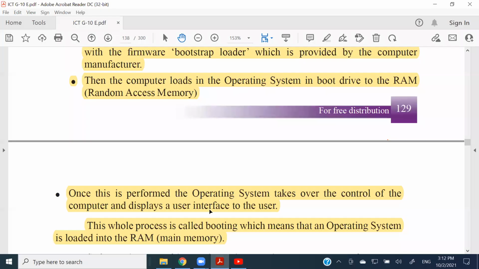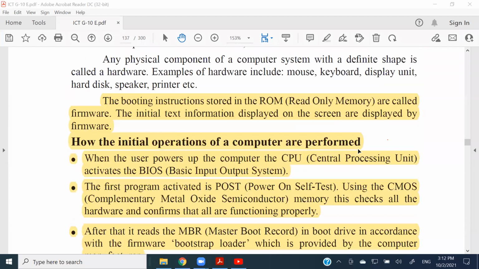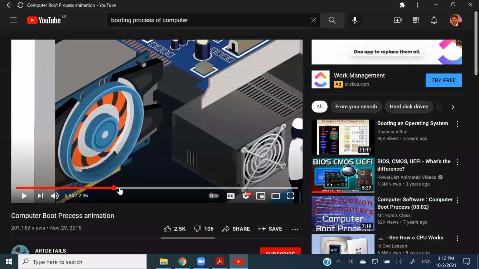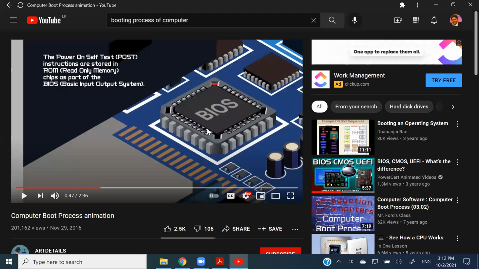As your book says, first, when the user powers up the computer, the CPU, central processing unit, activates the BIOS. The BIOS was the chip that they were showing you over here, on the motherboard.